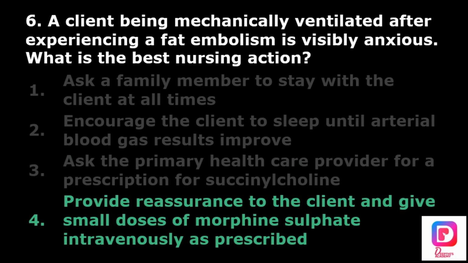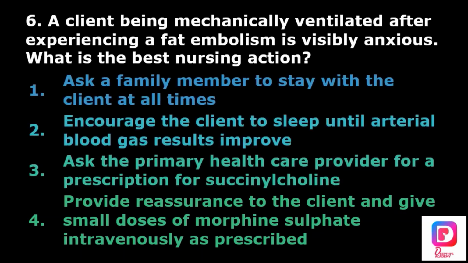Option number 4. Provide reassurance to the client and give small doses of morphine sulfate intravenously as prescribed. Here, the nurse must know what she should do for the patient who is mechanically ventilated due to fat embolism and the patient is anxious. So let's see the options one by one.